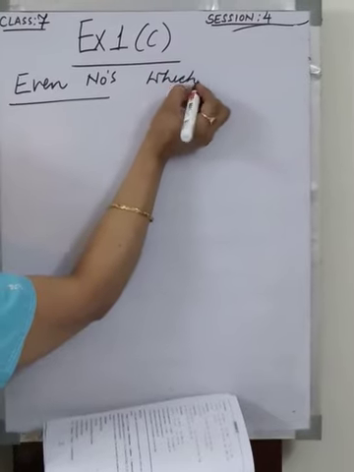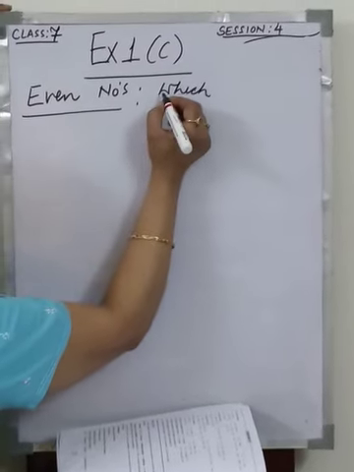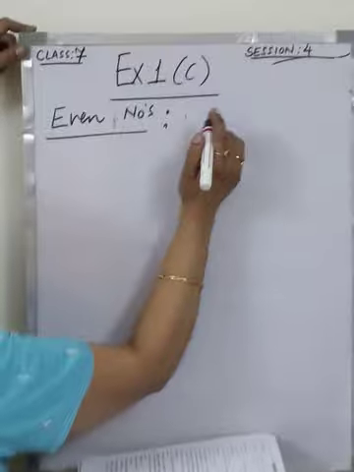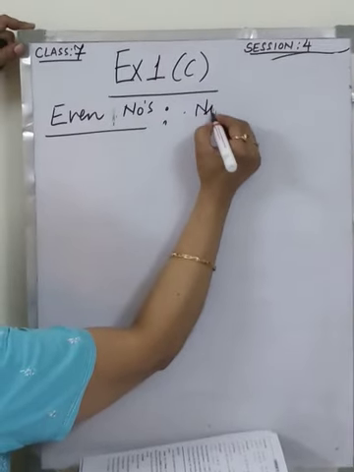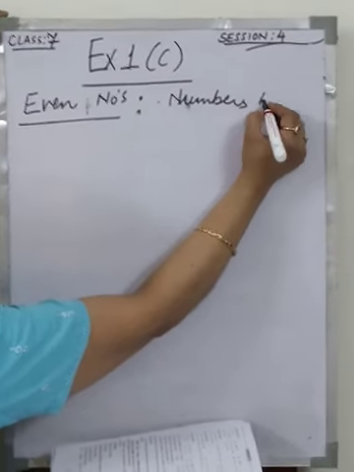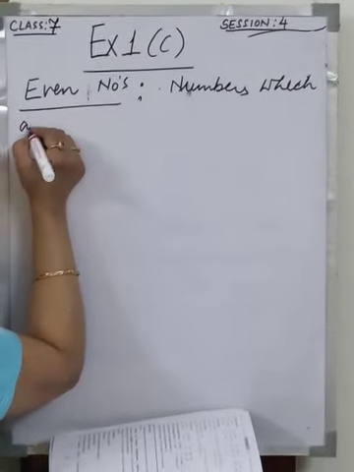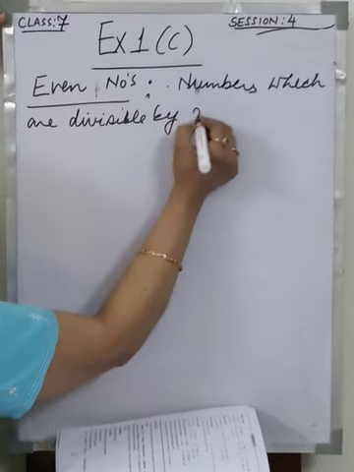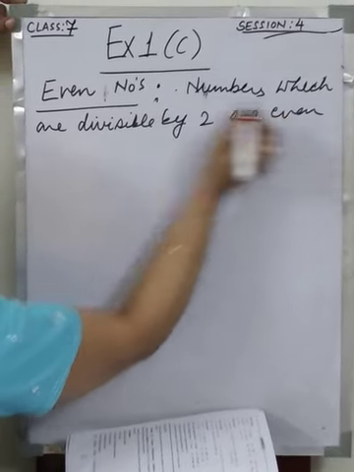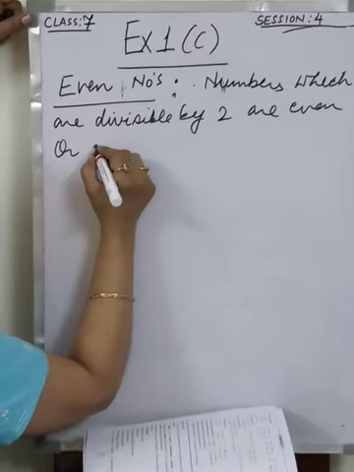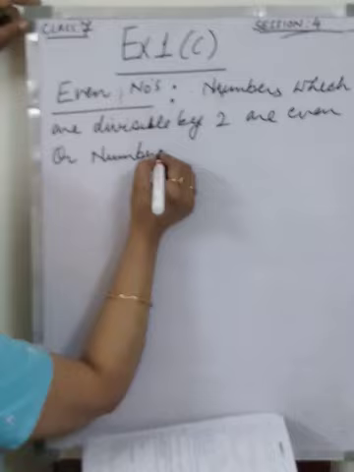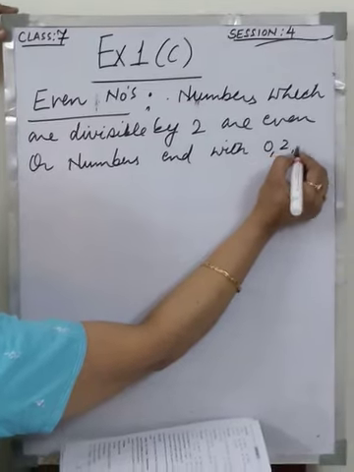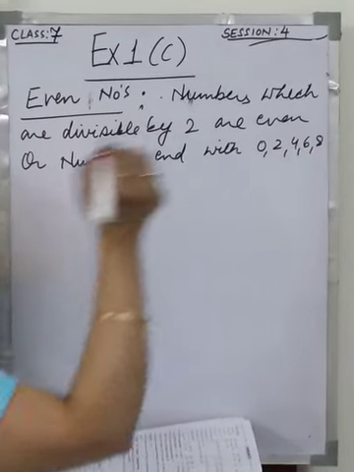Numbers which are divisible by 2 are even numbers, or numbers that end with 0, 2, 4, 6, 8 are even numbers.